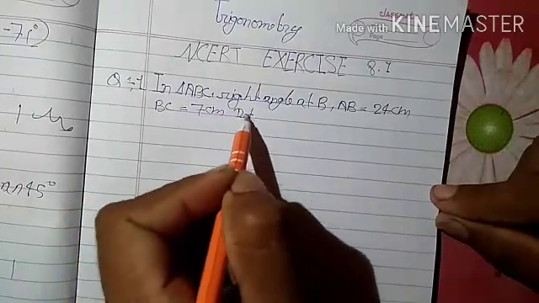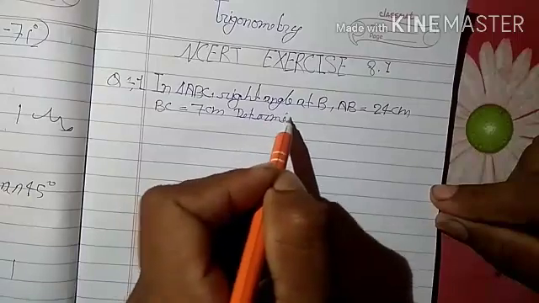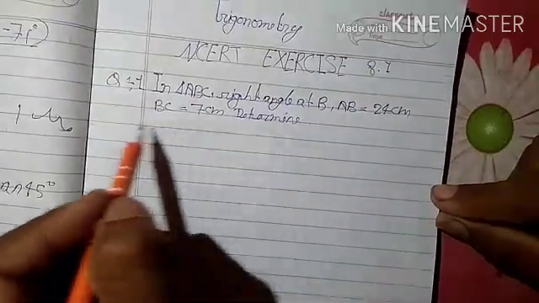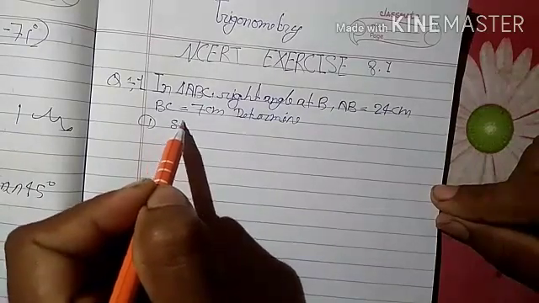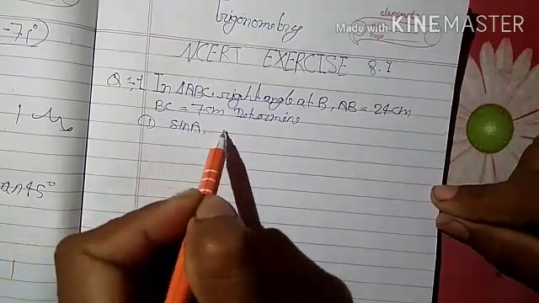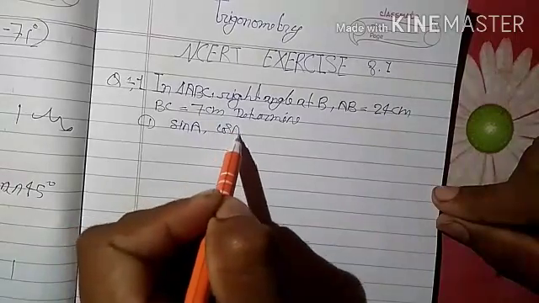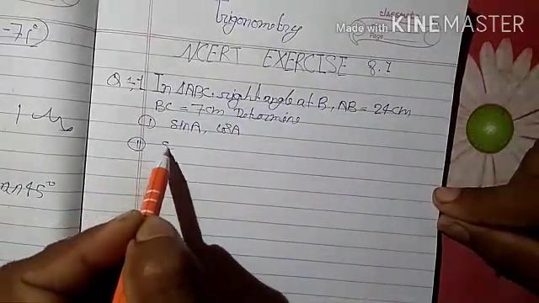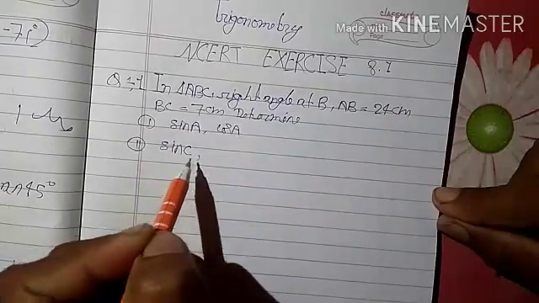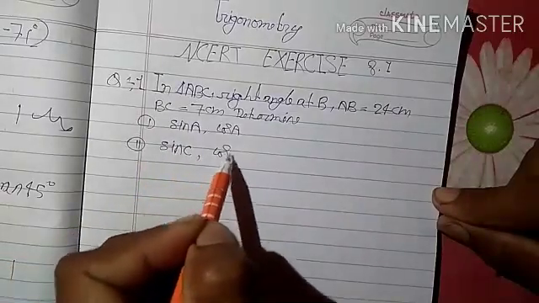Determine first sin A, cos A. The second is sin C and cos C.